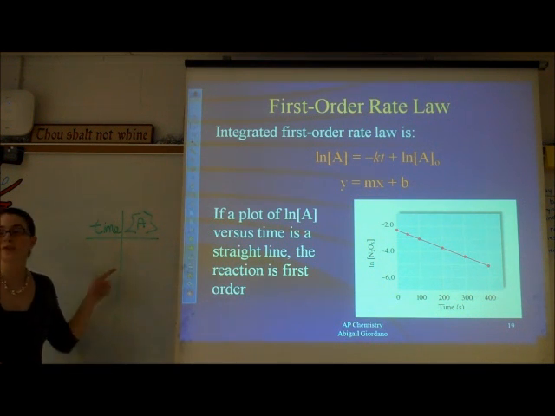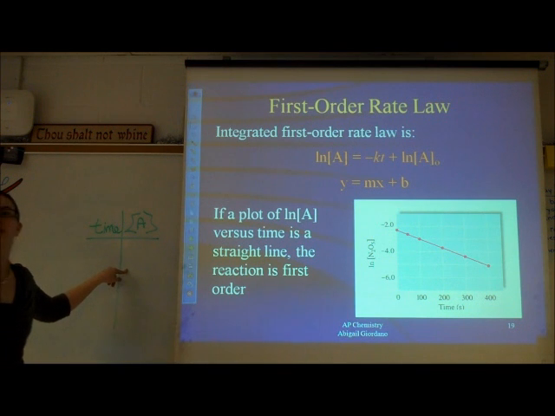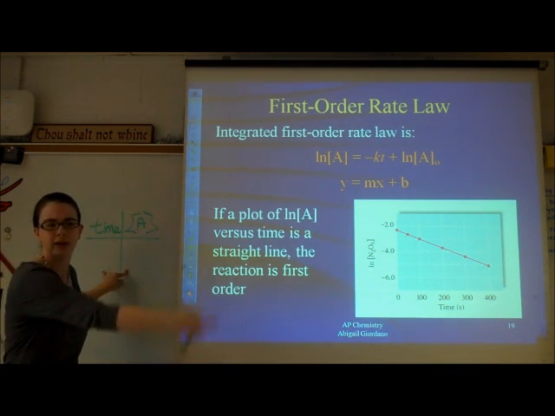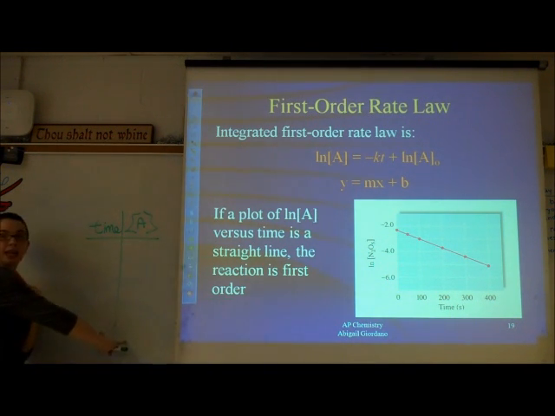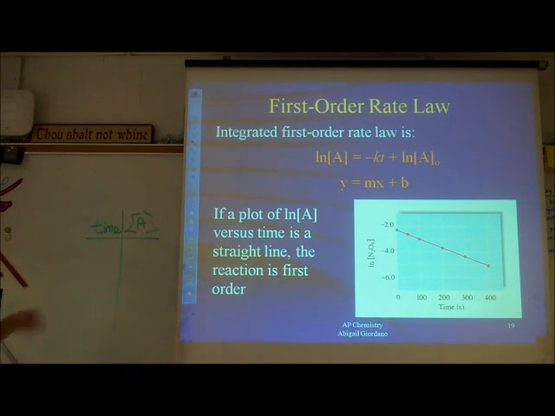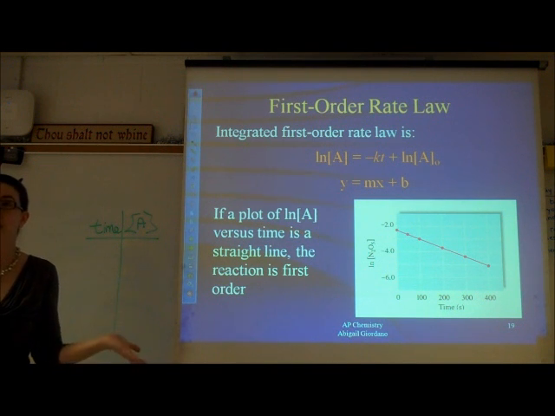I want to point out, first of all, that is not the same kind of data you were given a couple of slides back when we were doing some practice problems. What kind of data was in that table? You had molarities, but what was on the far right-hand side? Reaction rate. Rate, speed. This is not what you're given here. You will be given a problem where you're given times and concentration. And maybe the question says, is this data first order? Yes or no? Prove it.